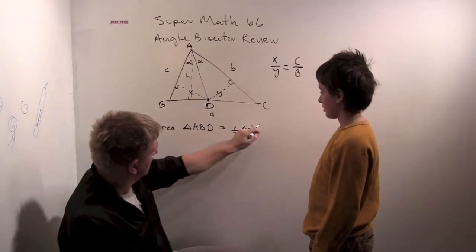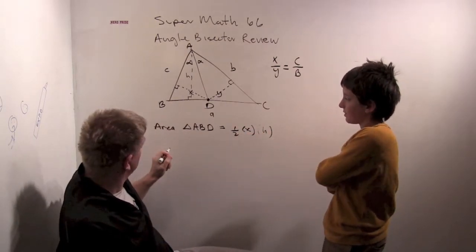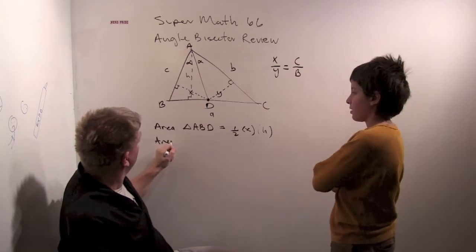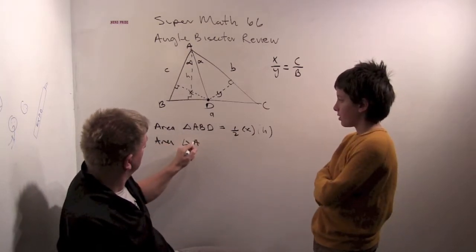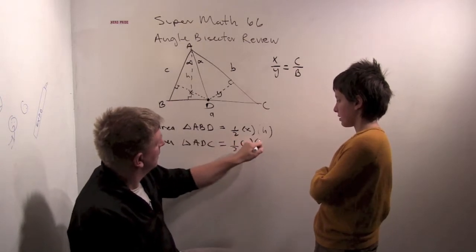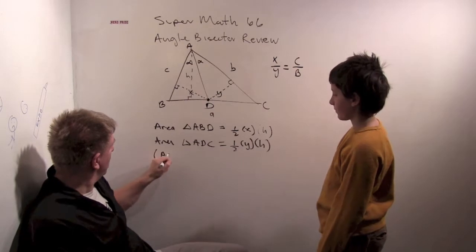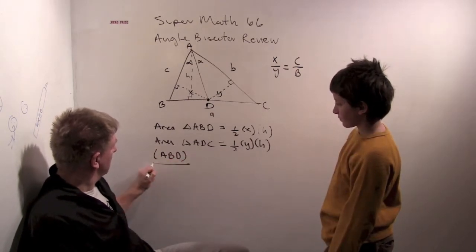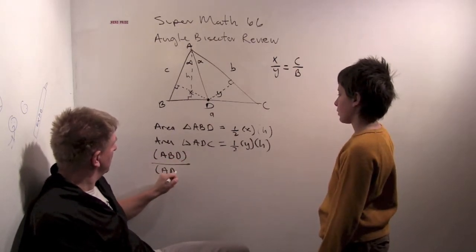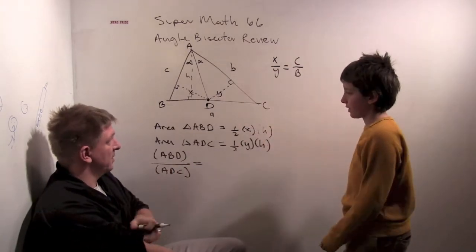And the triangles have the same height. What's the area of triangle ADC? It's 1/2 y times height. So what's the ratio of their areas? ABD to ADC, well, the halves and the h's cancel. So we get x to y.